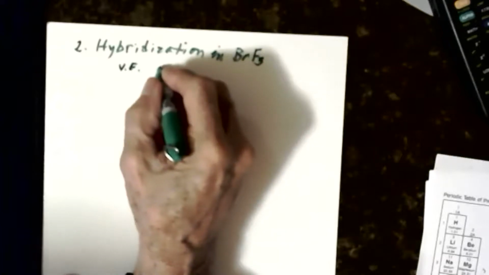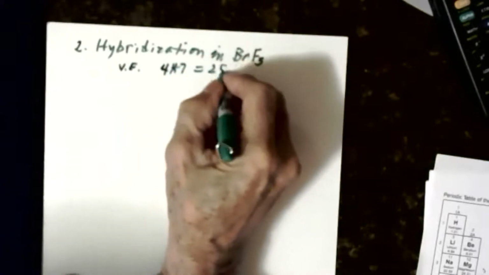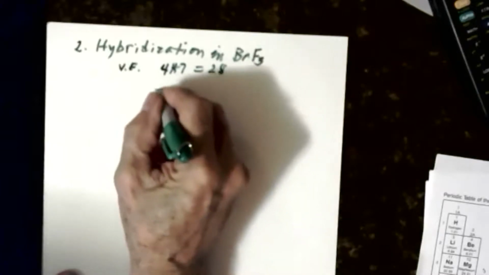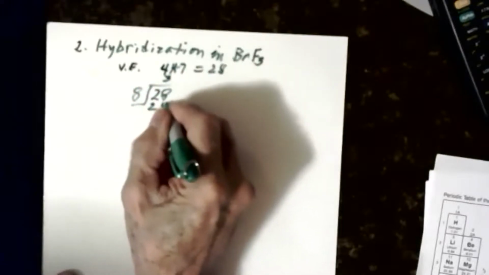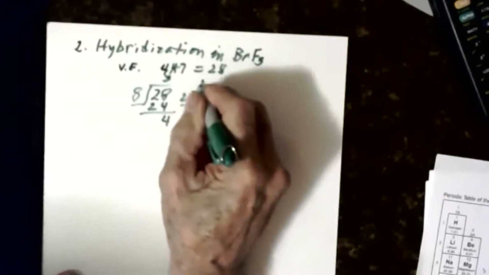Well, the first thing we have to get, again, is valence electrons. The number of valence electrons, I've got bromine and fluorine, they're all in group 7. So I'm going to have 4 group 7 atoms. 4 times 7 is 28. Now let's do the math. 28 divided by 8 is 3, 24 with a remainder of 4. 4 divided by 2 is 2.